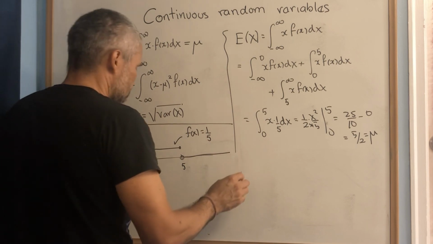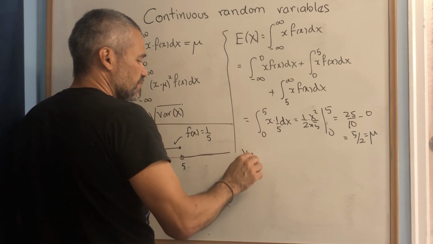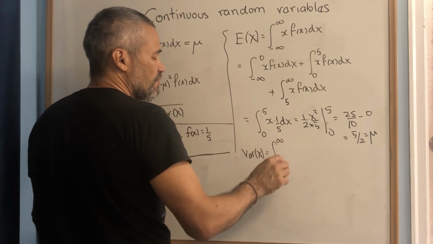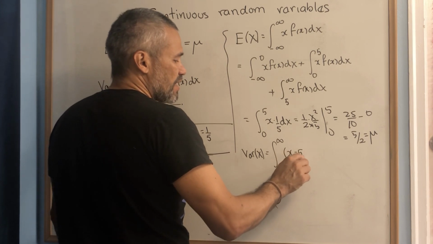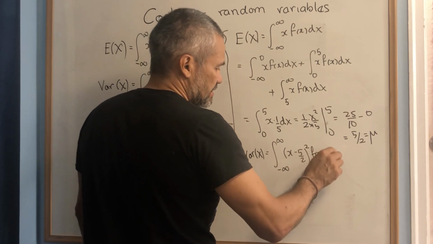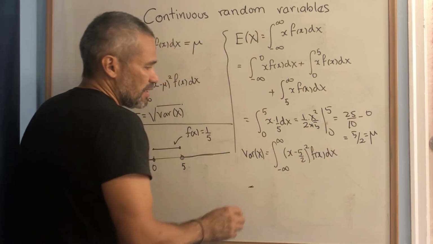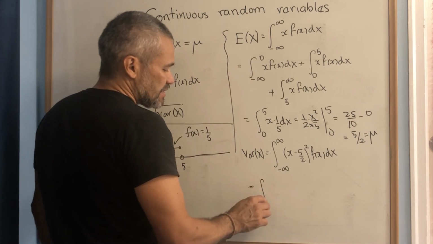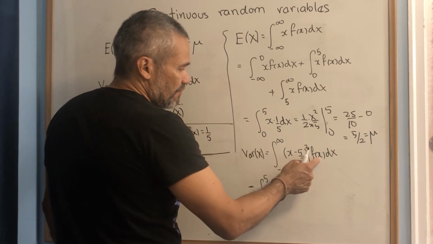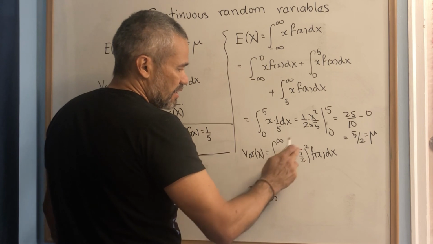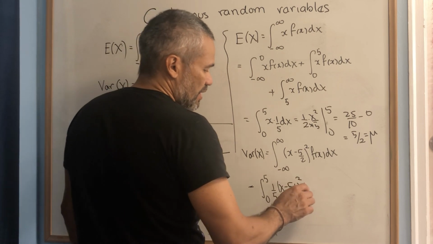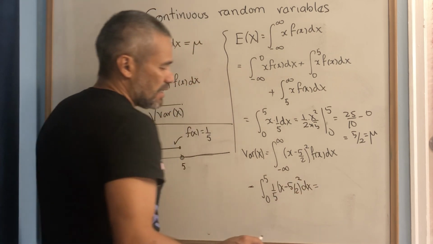Let's compute the variance. To compute the variance of x, we need to do the integral from negative infinity to infinity of x minus 5/2 squared times f of x dx. With the same reasoning, you end up with just the integral from 0 to 5, because the other two integrals are equal to 0, of f of x being 1/5. And here we get x minus 5/2 squared dx.